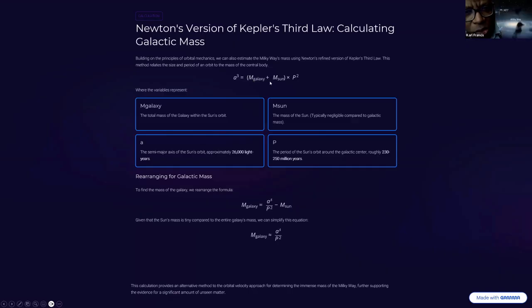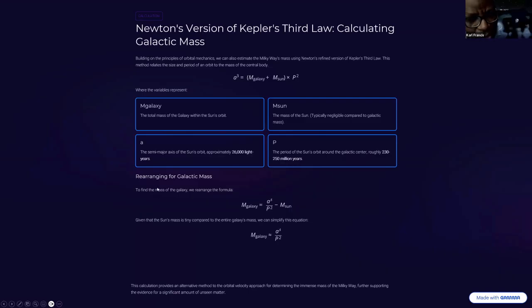It's a cubed equals the sum of the galaxy and the Sun masses times P squared, where M is the total mass of the galaxy, M sun is the mass of the Sun, a is the semi-major axis of the Sun's orbit, approximately 26,000 light years, and P is the period of the Sun's orbit around the galactic center, roughly about 230 to 250 million years.